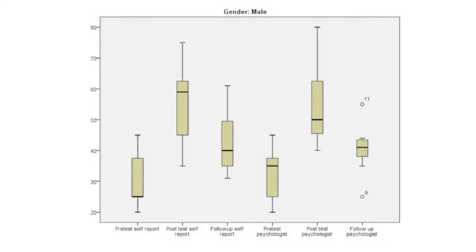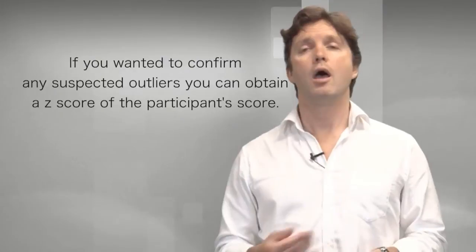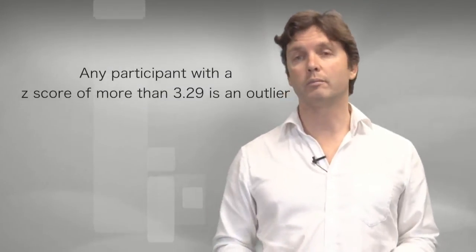Here you can see that the box plot is roughly symmetrical for males and confirms the results of the normality tests shown previously. Potential outliers in the follow-up scores by the psychologist also seem to be evident here. Now if you wanted to confirm, as I said before, any outliers, then you would do a z-score on that particular cell, and if it was more than 3.29 then that would be an outlier.